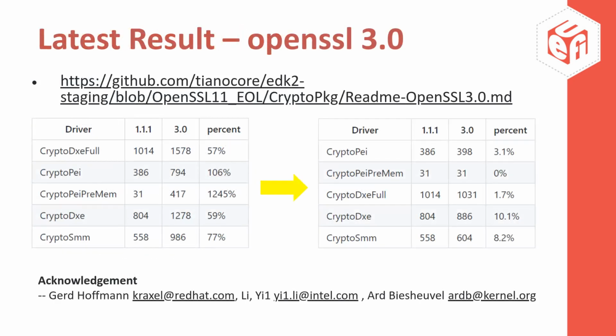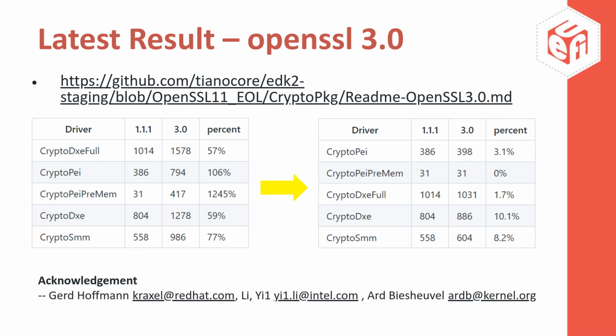Based upon that analysis, we finally determined to choose OpenSSL and embedded TLS for further prototyping. We created the OpenSSL 1.1 EOL branch in EDKII staging and are doing development work there. We made some progress on size reduction.